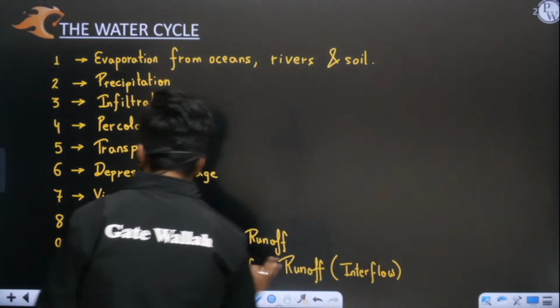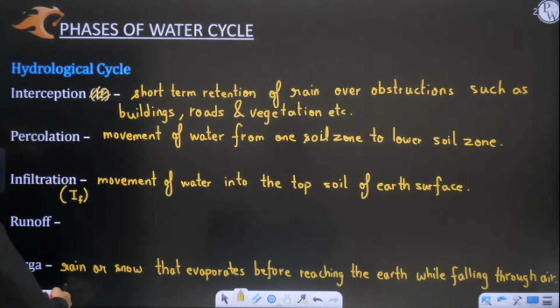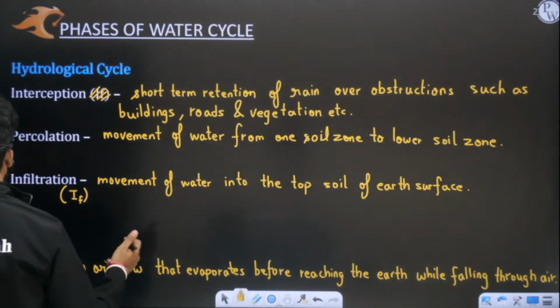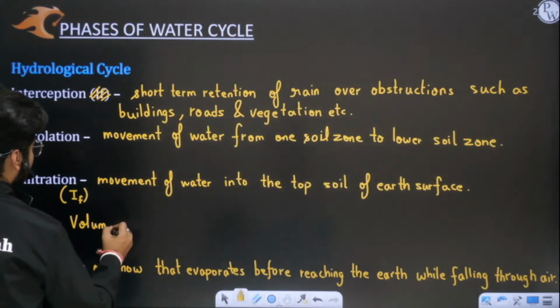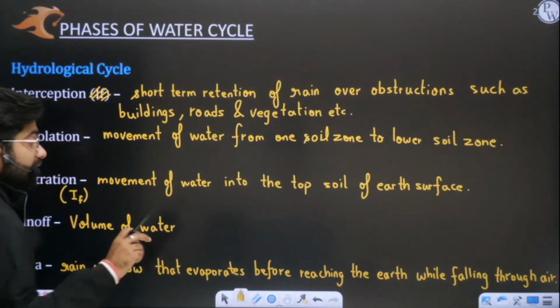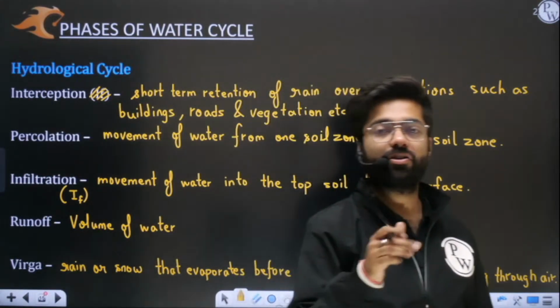So these are all the components of your hydrological cycle. So at last, what is runoff? Runoff simply means volume of water. And see, you need to understand, after runoff, all the water will ultimately reach your river. Yes or no?